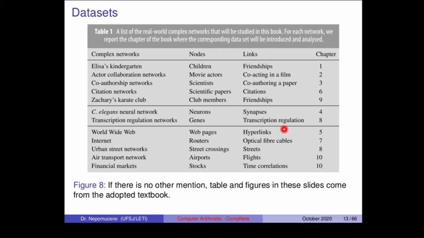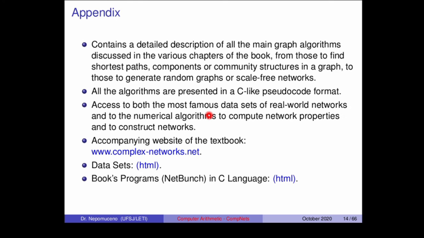Elisa's kindergarten is from friendships among children, very basic, chapter 1. The well-known actor collaboration network, co-acting in a film, is chapter 2, and so on and so forth. So it's quite useful to see these, and I'm going to give some details about that.